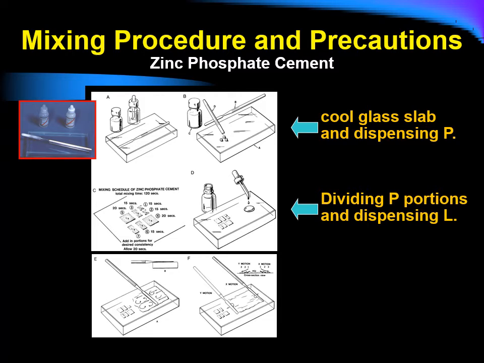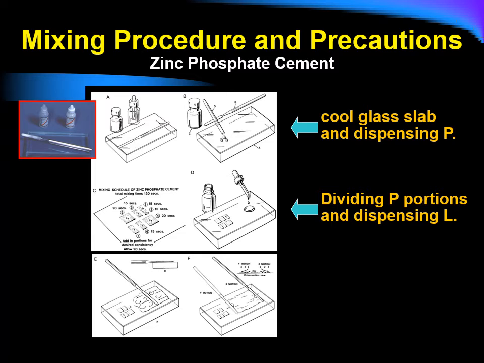Then we dispense the liquid on the other side of the glass slab. We dispense the liquid last to prevent water evaporation from the dispensed portion of the liquid by the atmospheric heat.